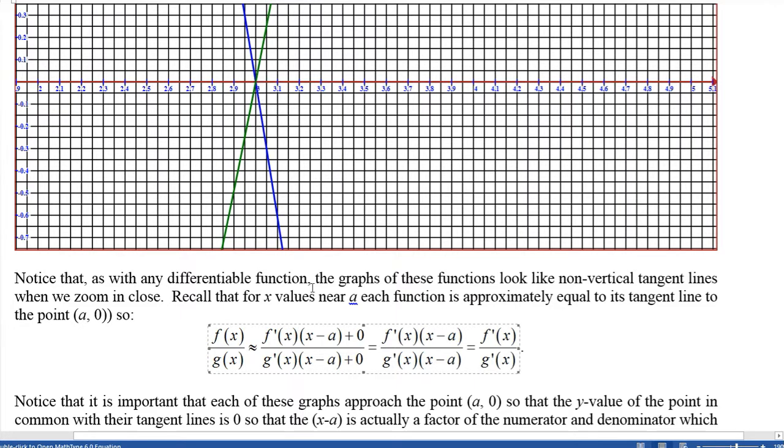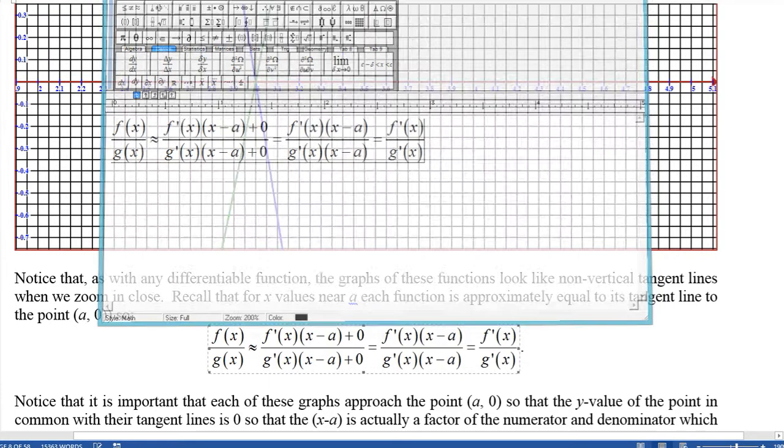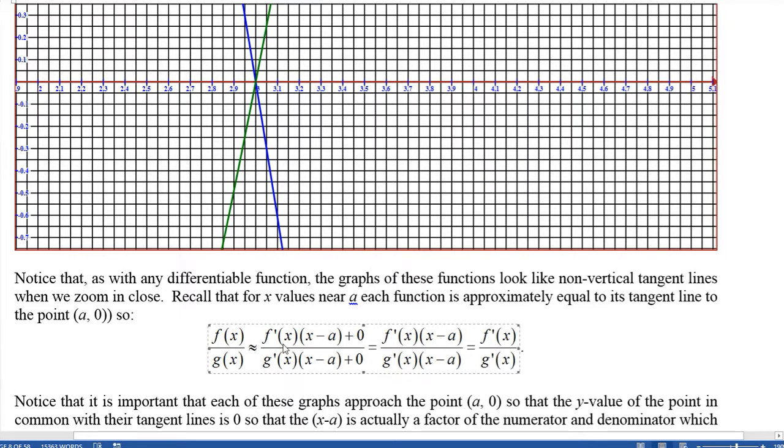So for some x value near x equals a, the slope of the tangent line is f prime at, actually, that should say at A. Let's fix that. Well, it's f prime at A, but that's close to f prime at x because x is close to A. And so we get this.